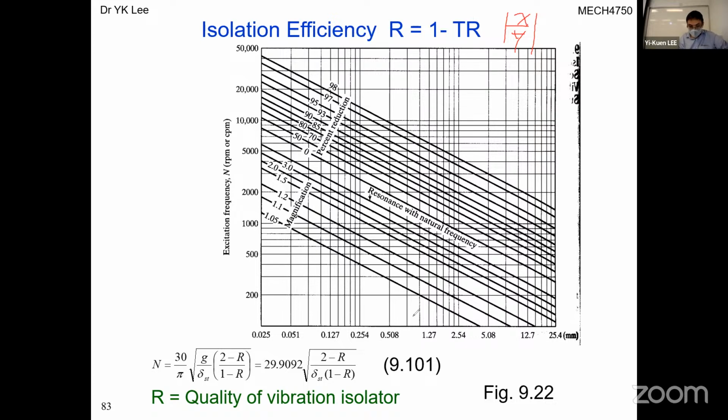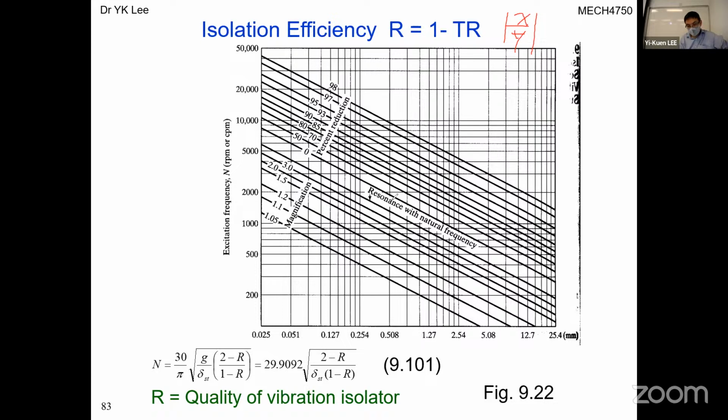Basically, x and y are related to the excitation frequency, and here this is related to the vibration amplitude and magnification, and this is related to the percentage of reduction of vibration, from 98, 97, 95 down to 0.